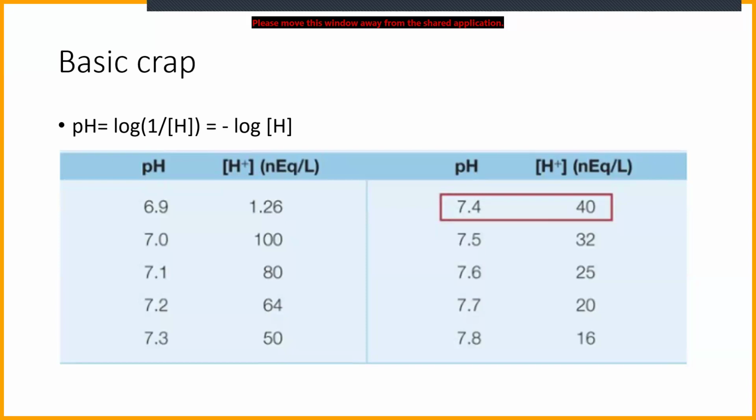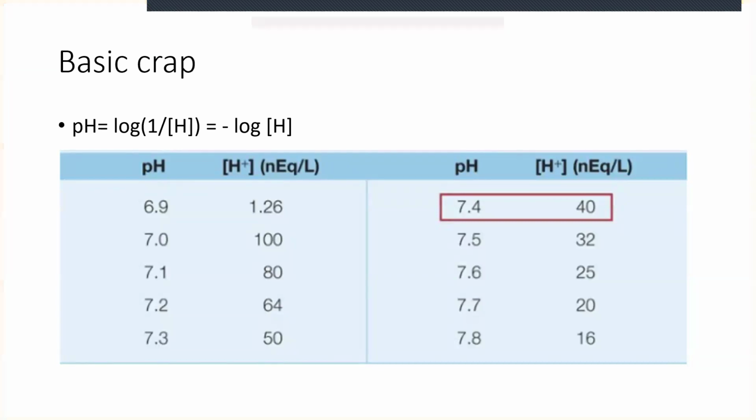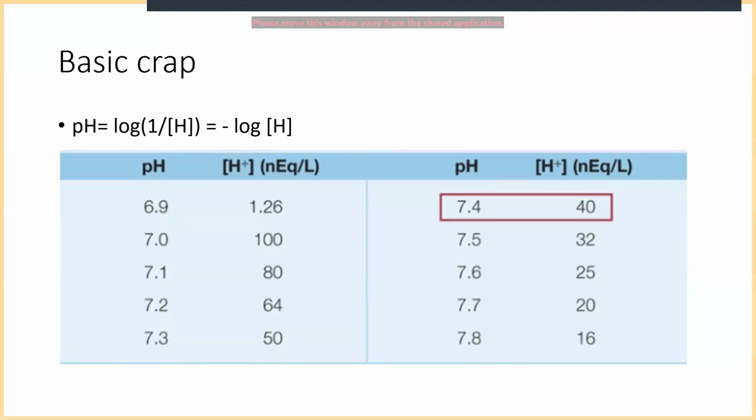There are two main organs that help us regulate the concentration of hydrogen, being the kidneys and the lungs. Now, the lungs, as I'm sure you already know, regulate the pH through ventilating CO2, getting rid of CO2. And then you have the kidneys, which can secrete hydrogen and reabsorb bicarbonate, and thereby control the concentration of hydrogen.